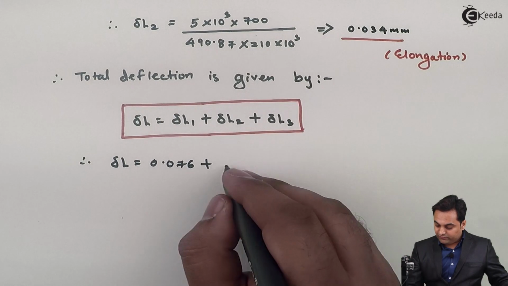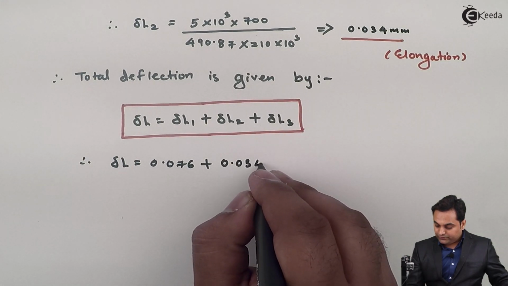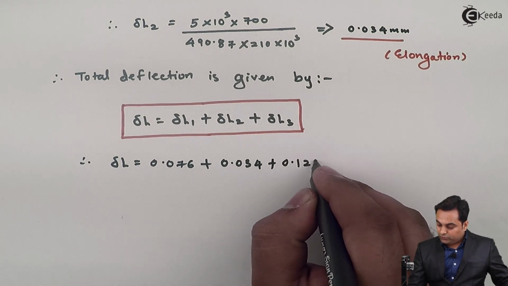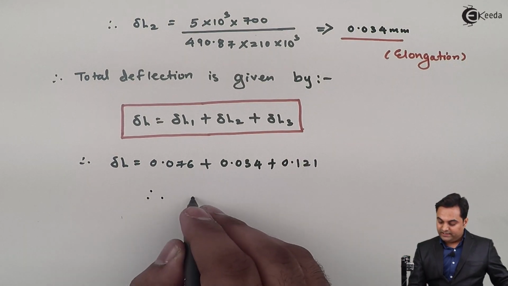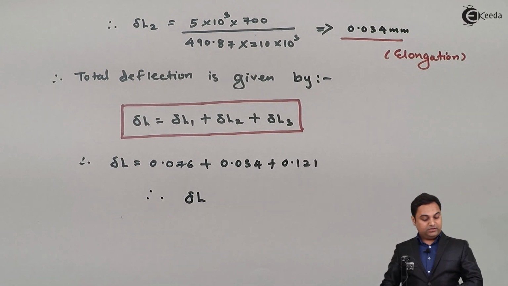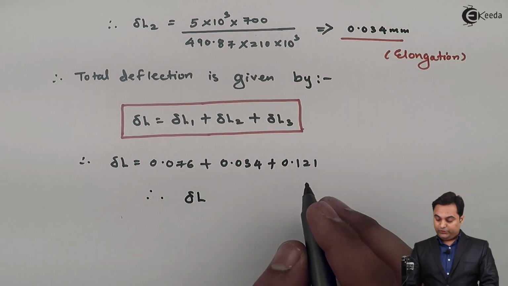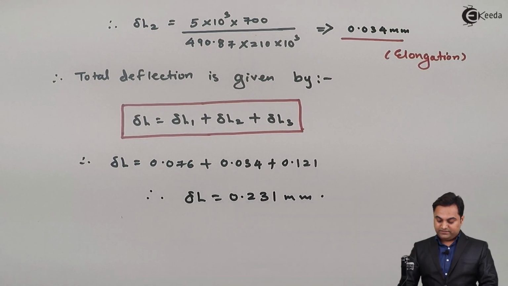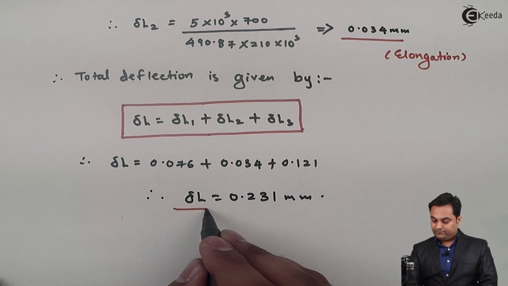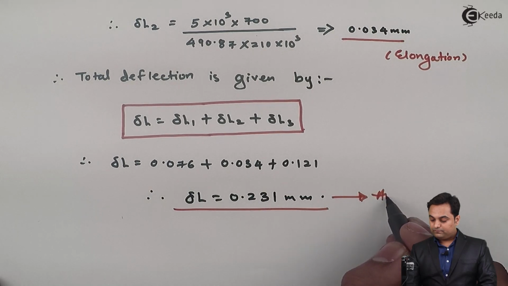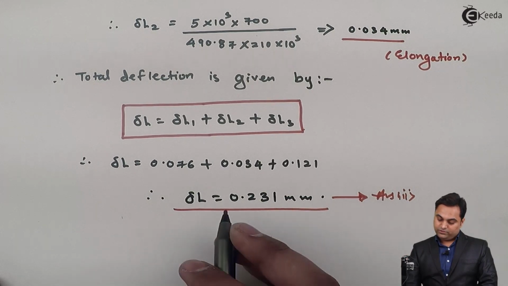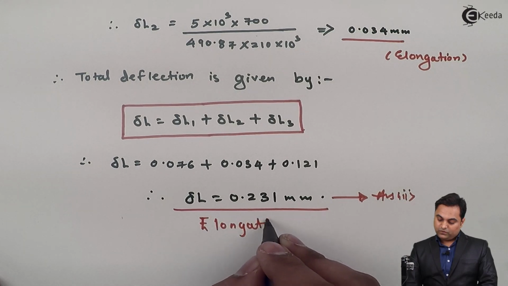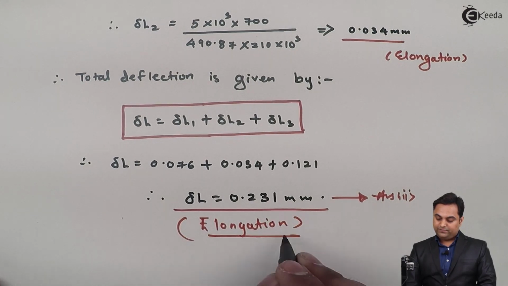Delta L2 just now we have calculated 0.034. Delta L3 it was 0.121 mm. If I add up these values, my answer comes out to be 0.231 mm. And since this answer is positive, second answer for us, so here this means there is elongation or increase in length of the step bar.